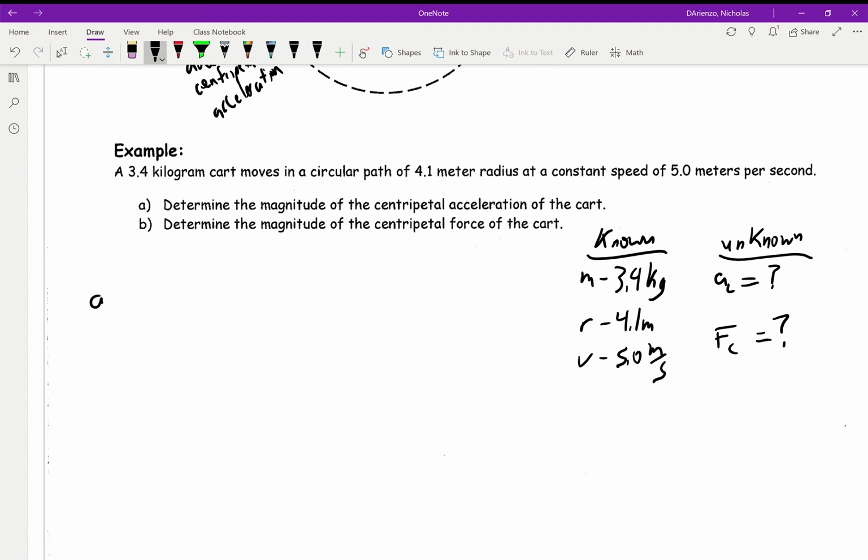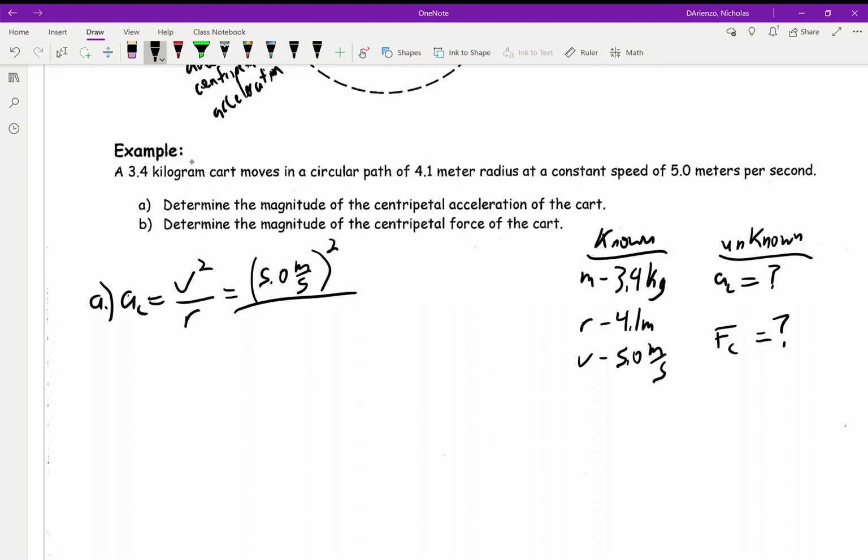And we'll start with the centripetal acceleration of the cart. We know that centripetal acceleration is equal to the velocity squared of the object divided by the radius of its curved path. Our velocity is 5 meters per second. We're going to square that, make sure the squared goes on the outside.